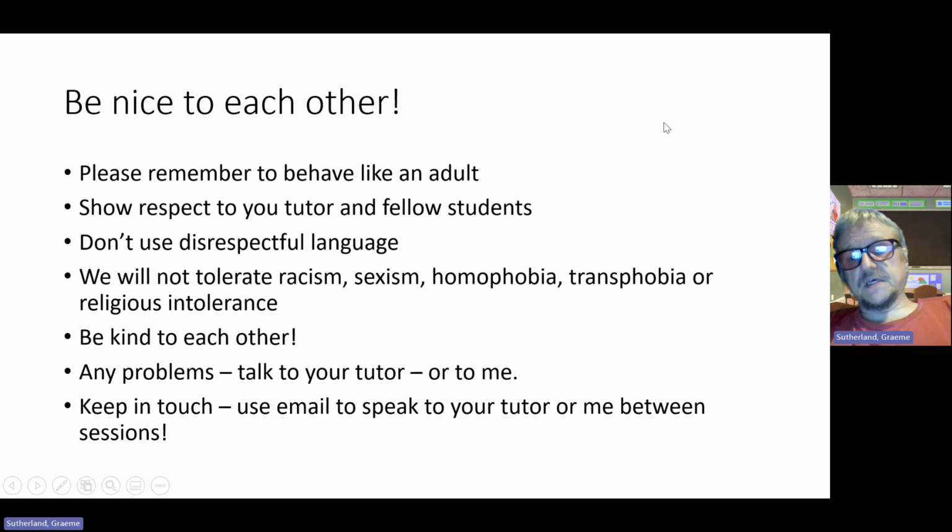Some rules about how to behave in the classroom. I know this sounds a bit like school, a bit like do's and don'ts, but we do expect everybody to behave like an adult and to treat each other with respect. So that's show respect to your tutor and your fellow students. Don't use disrespectful language.